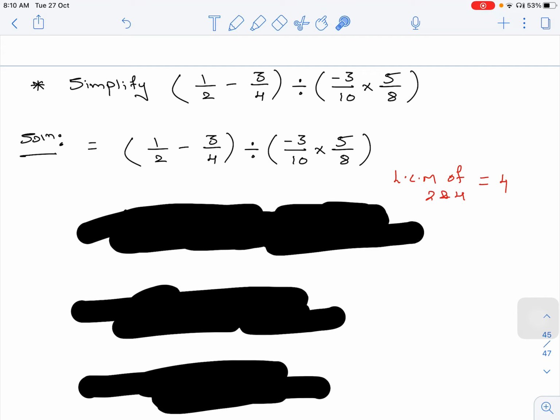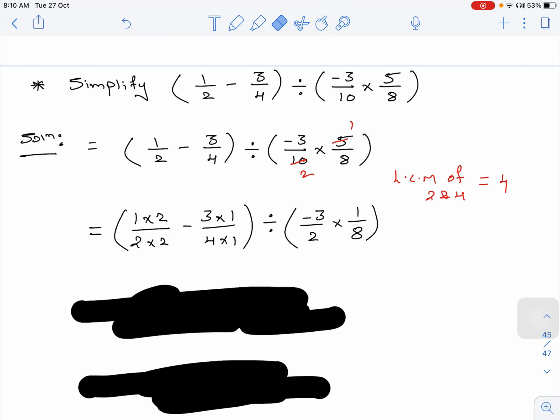Now we will make each of these denominators 4, and meanwhile we will check whether we can cancel any number over here. Yes, we can make some cancellation. That is, 5 ones are 5 and 5 twos are 10. So in the next step, what do we get? Here 2 is present and we want to make it 4, so we will multiply this 2 by 2, and the numerator will also be multiplied by 2. Here 4 is already present, so we will just multiply it by 1, and the numerator also by 1.